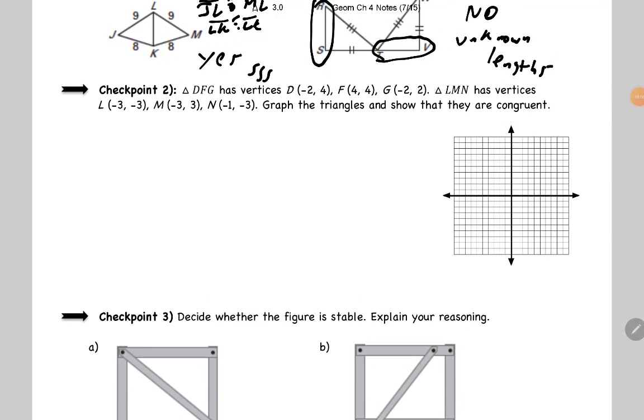All right, checkpoint 2. DFG has vertices. So DFG is -2, 4, 4, 4, and -2, -2. So there's that triangle.